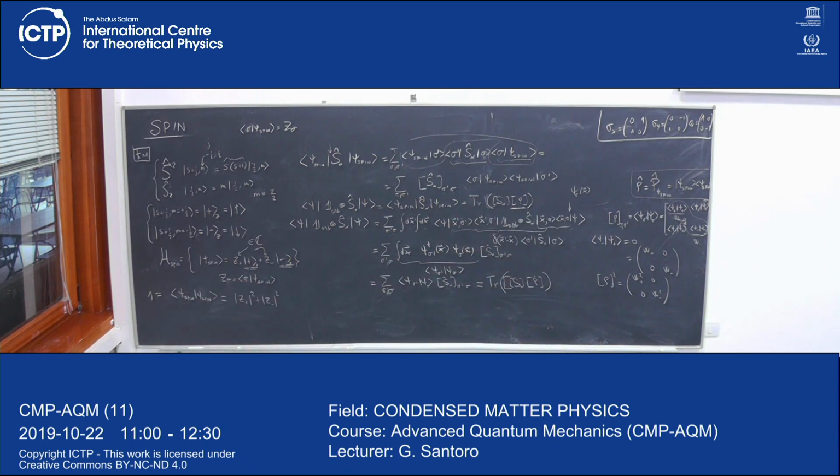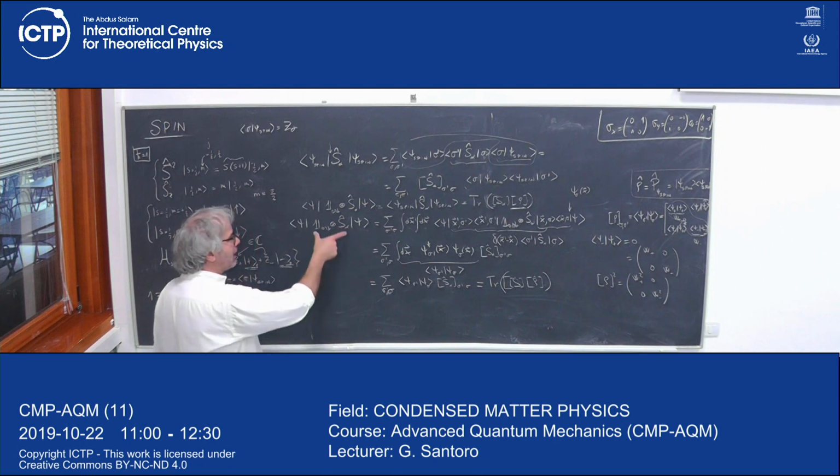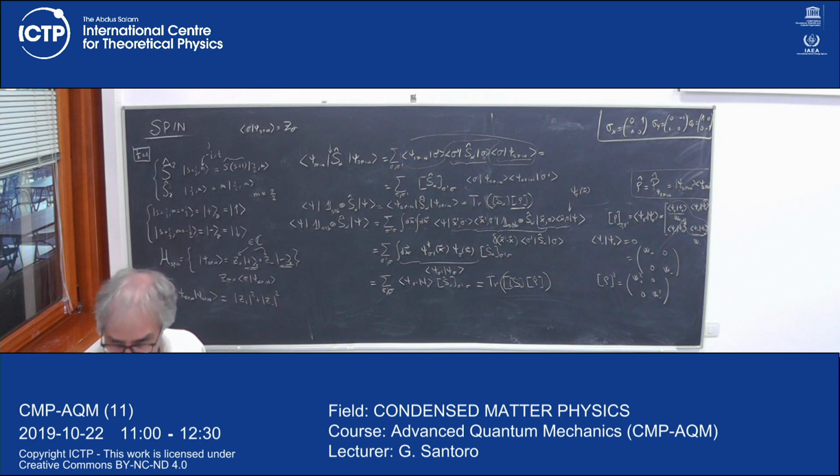Later on, Professor Fazio will discuss these things in a more general context. But I wanted to present to you how they might emerge in a very innocent way by just disregarding some piece of information, the orbital part, when you want to calculate the spin matrix elements. Okay?